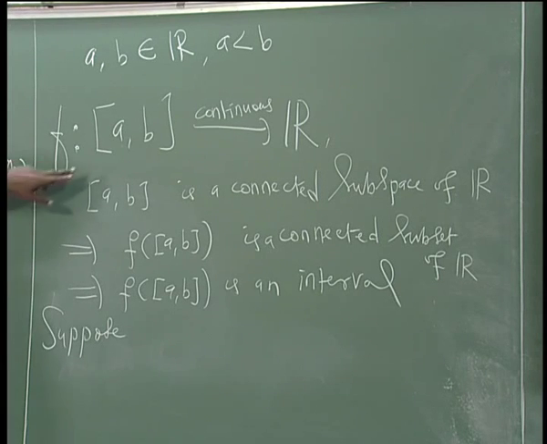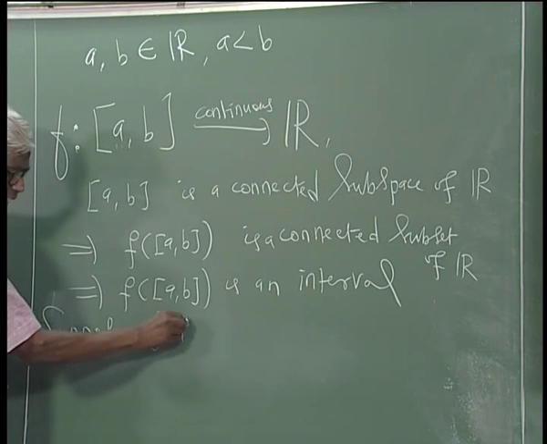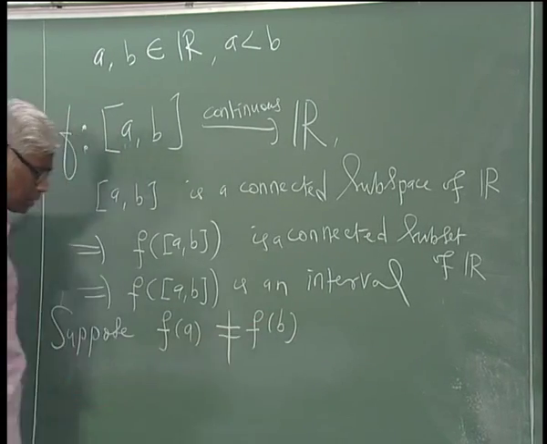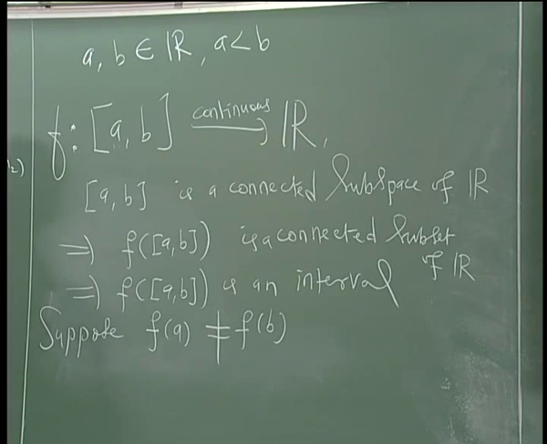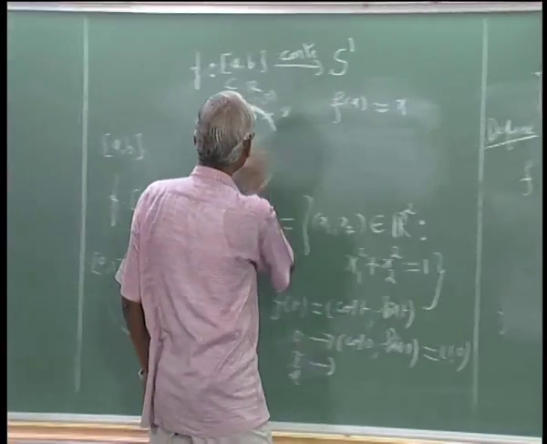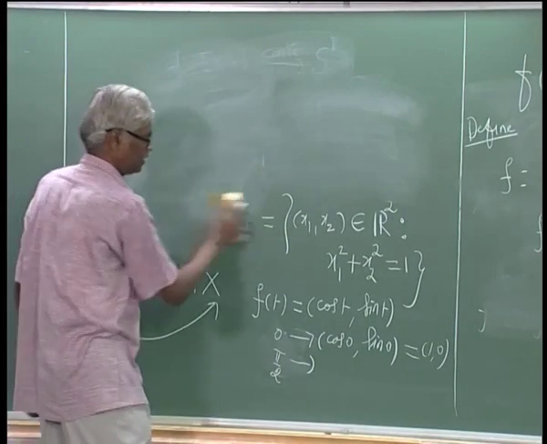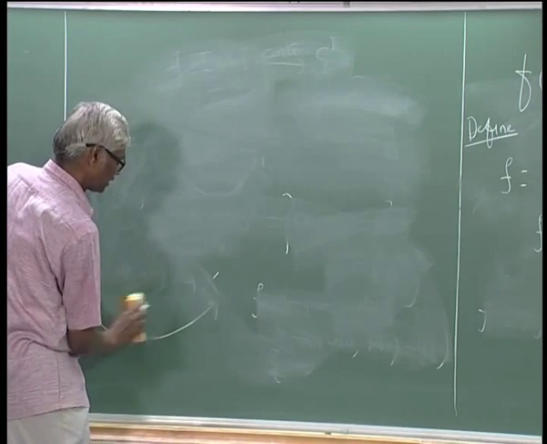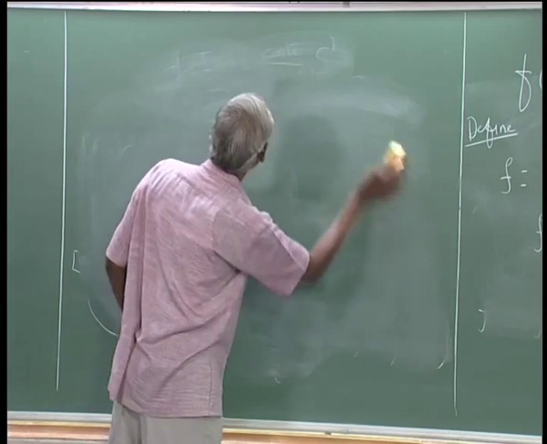Suppose the function is not a constant function, and further suppose f of a is not equal to f of b. Then we will have either f of a strictly less than f of b, or the other way, f of b strictly less than f of a.